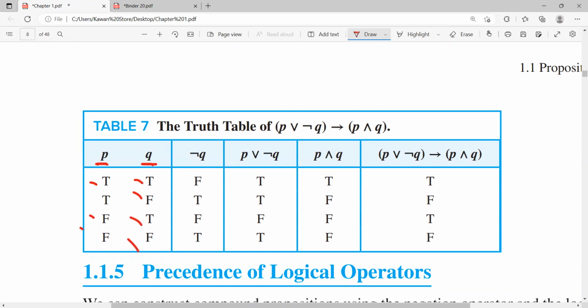Then we need negation of Q. Here's negation of Q. And we need or between them. Here's the or. And then later, we need and between these two. Here's the and between them. After finding this result, we are going to use then.